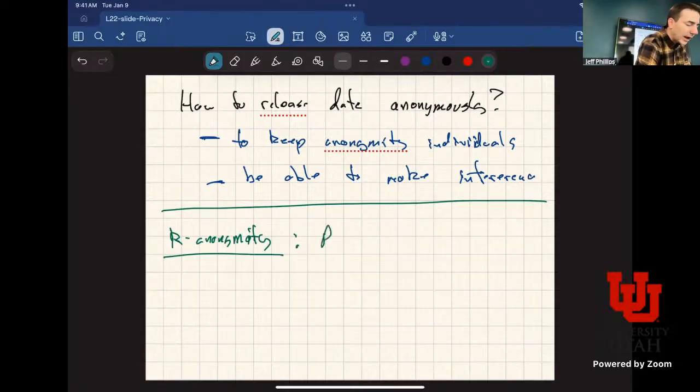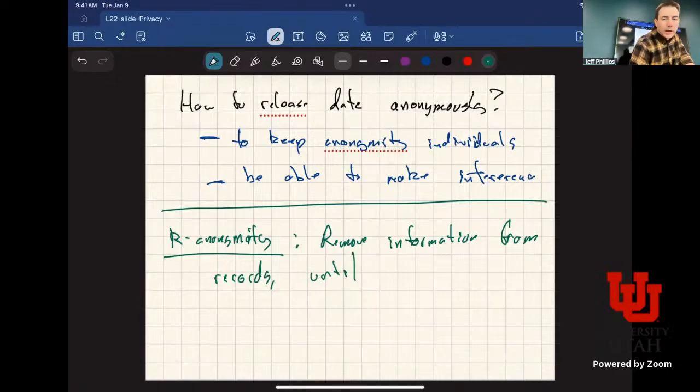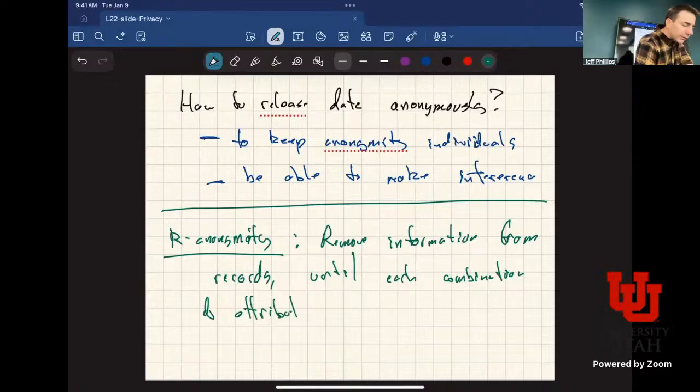So the idea is I want to remove information from the records until each combination of the attributes maps to at least K individuals.